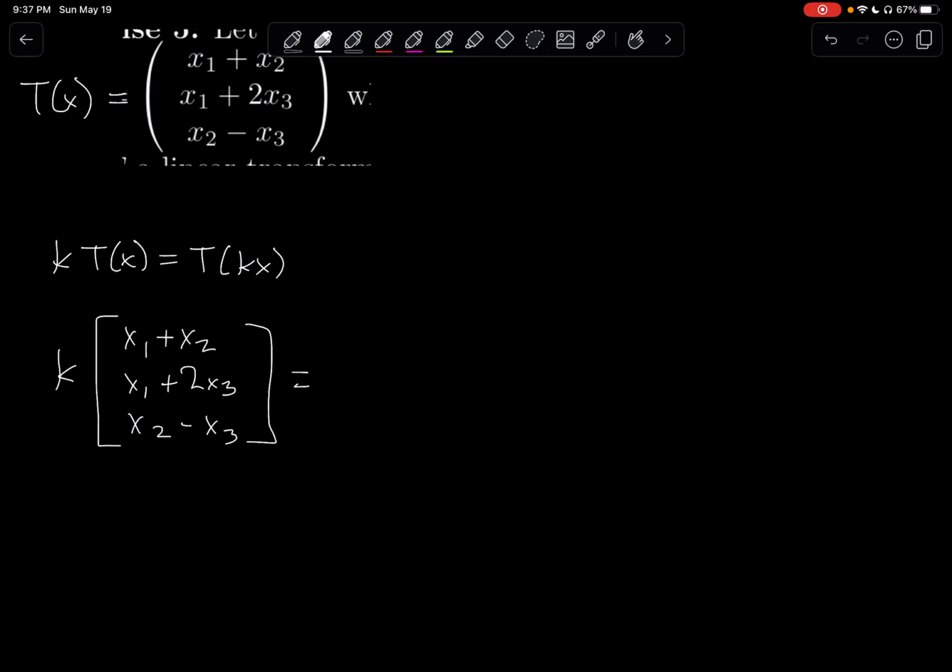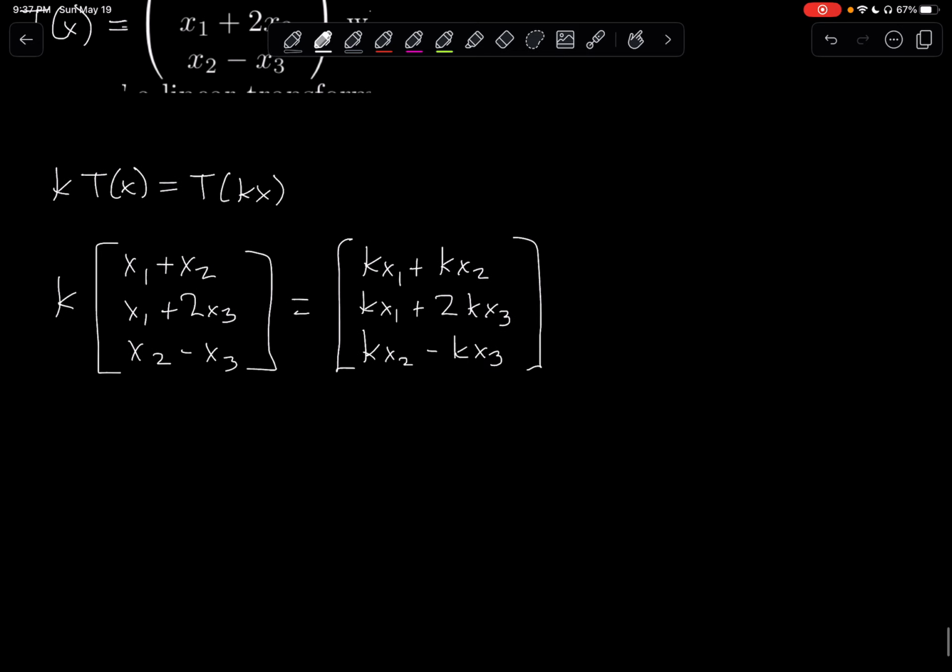It's equal to kx1. So basically distributing that k into all my rows, this is what I get. I guess I'll write 2kx3 here, and then kx2 minus kx3.